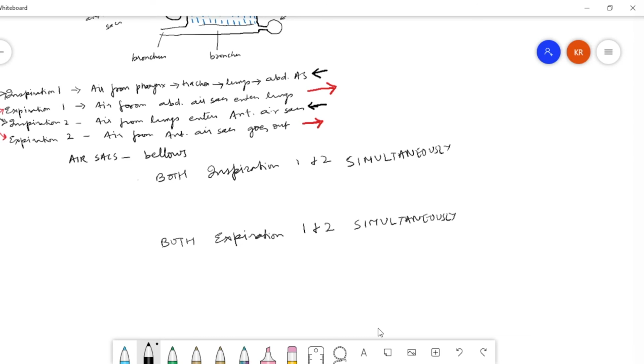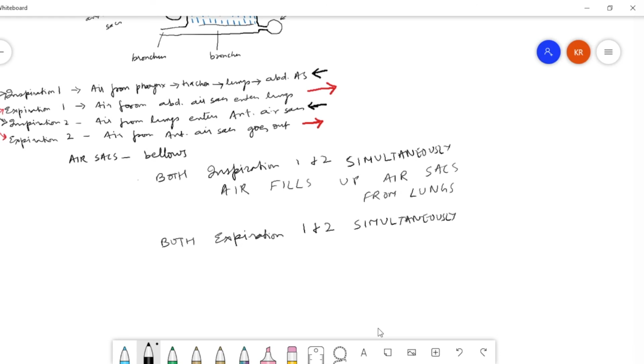So in inspiration 1 and 2, air fills up air sacs from lungs. One set will enter, that's why I have shown the arrow mark this way, because it is entering the air sac.